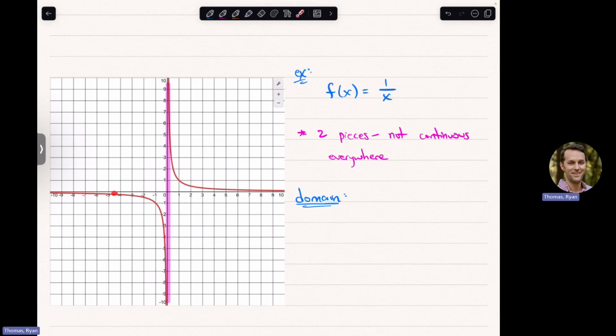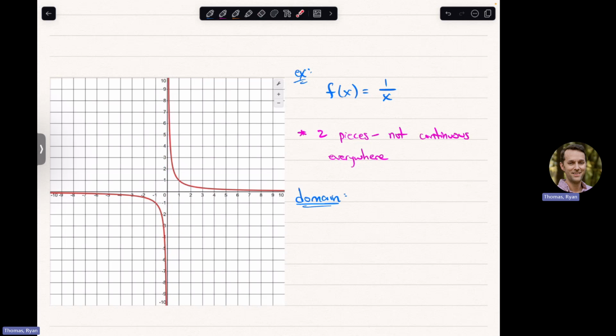As I approach x equals 0 from one side, the graph starts to turn very sharply and very steeply down in the direction of negative infinity. And on the other side, if I think about moving in towards 0, I get this end of the graph turning very sharply upward toward positive infinity.